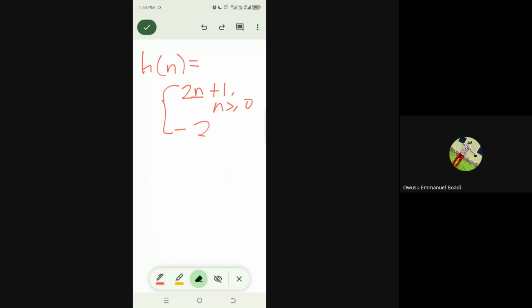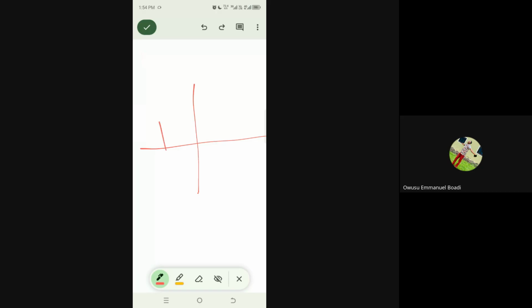When we say it's periodic, let's say we have the graph. As one function is going this way, is it the cosine or the sine graph? One will be going this way.